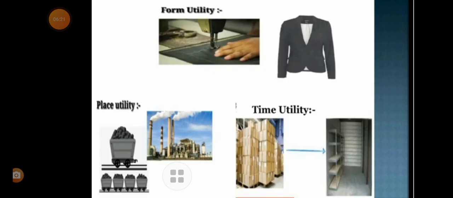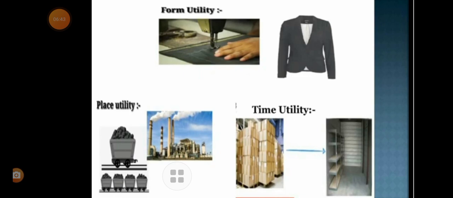So we have three examples of utilities. See here, form utility. When you take the cloth, it is less valuable. But when you change the form of the cloth into a shirt, its utility becomes more.